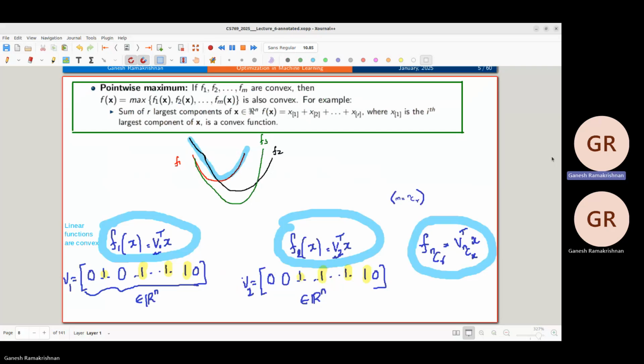Now I've taken a jump and I said, if f of x, y is convex in x for a fixed y, then I'm claiming the supremum over y of f of x, y is convex. So you see the generalization.